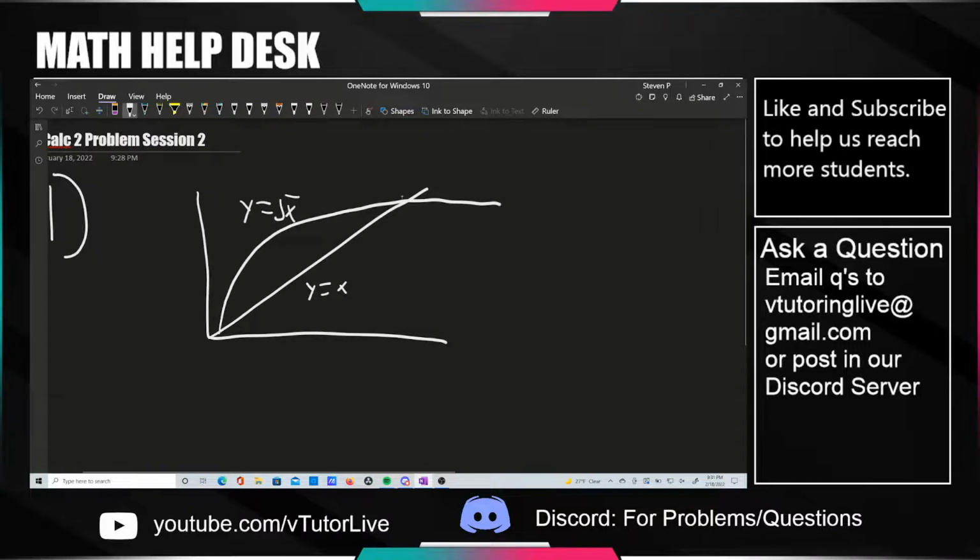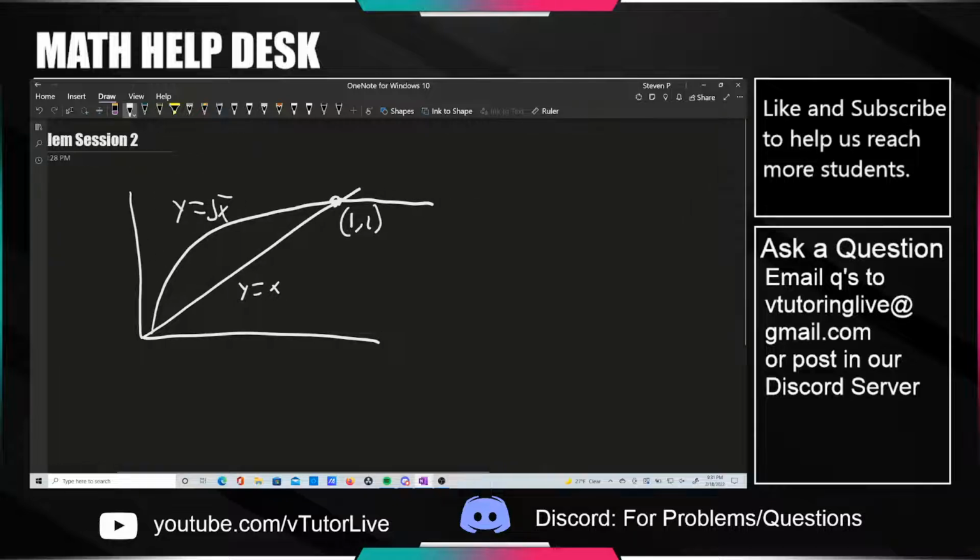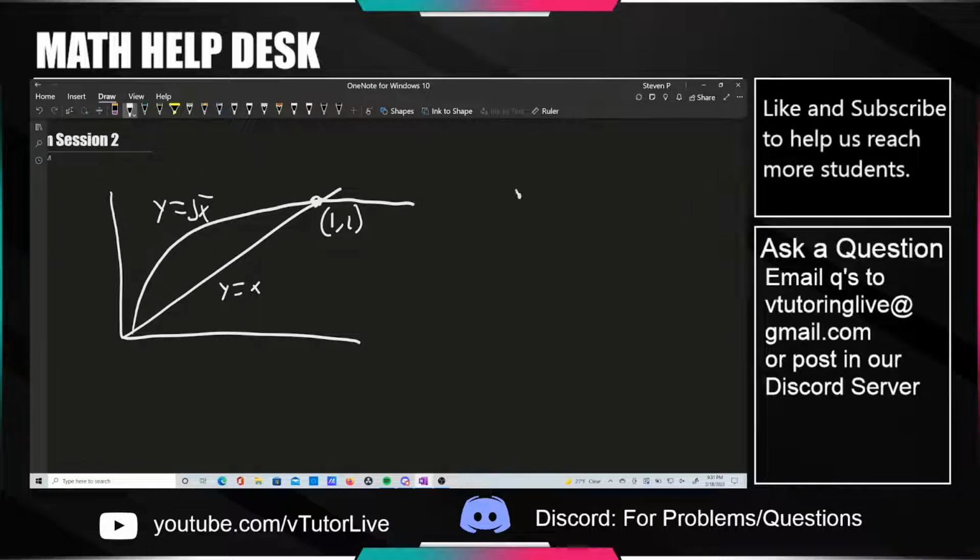And they're going to meet, of course, at 1, 1. And we're rotating them about x is equal to 3, I think they say? Yeah, it's kind of a strange choice, but heck, why not?